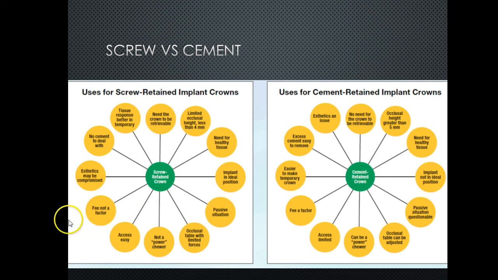But it also gives us an idea of how the inter-arch space distance, the implant itself, and how much bone you have available can affect our restorative part and our occlusion part and vice versa. So all this needs to be understood and be part of the treatment planning.